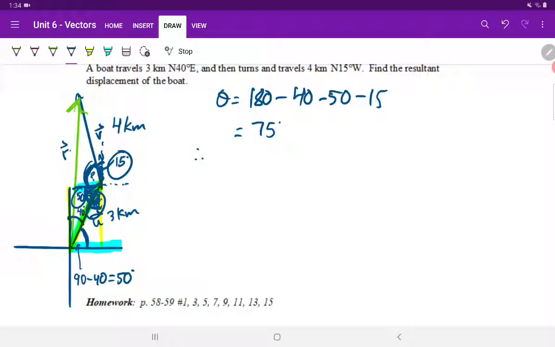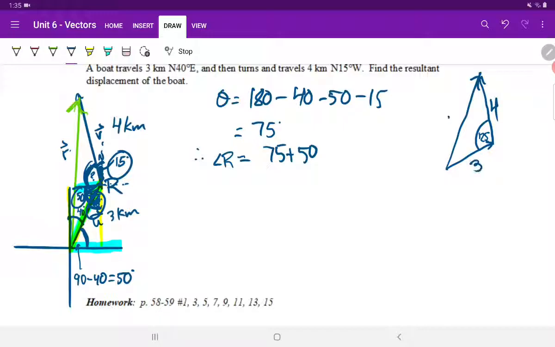Therefore, let's call it angle R, that angle inside the triangle. I know this is getting pretty sloppy. I'm just going to draw a rough version up here just to make it more clear. This angle in here now is 75 plus 50, 125. That's your 4, that's your 3. You can now find the resultant. We have a contained angle, 4, and then another side length.